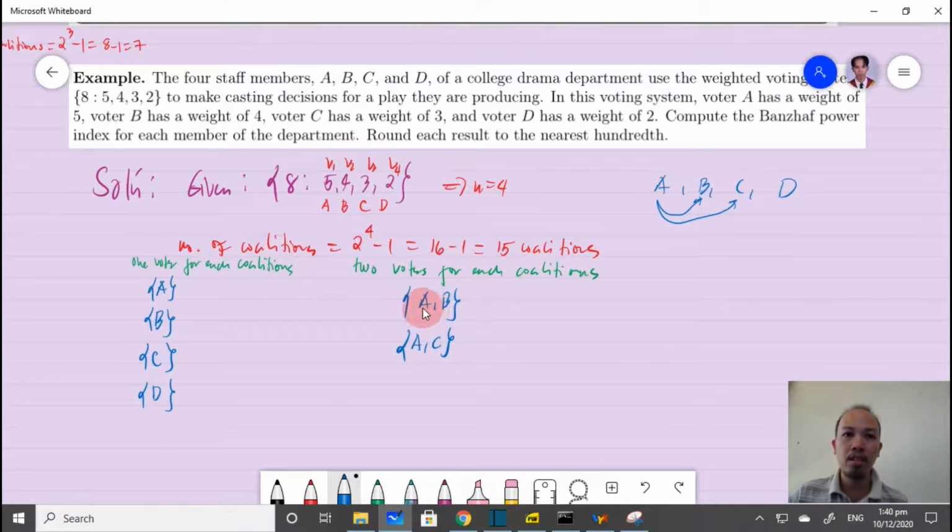A pair of braces in which this coalition represents two voters.